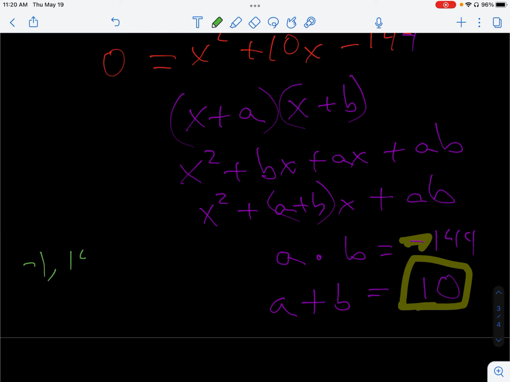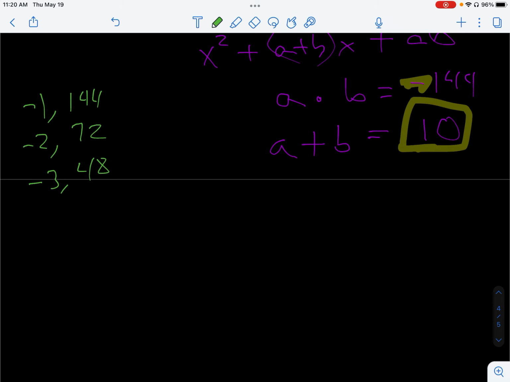Negative 1 and 144, negative 2 and 72, negative 3 and 48, negative 4 and 36. Well, add these together and we have 143. That's not 10. Add these together and it's 70. Add these together and we have 45. Add these together and we have 32. We're headed in the right direction, but we're not there yet.